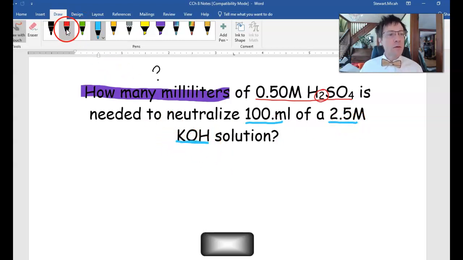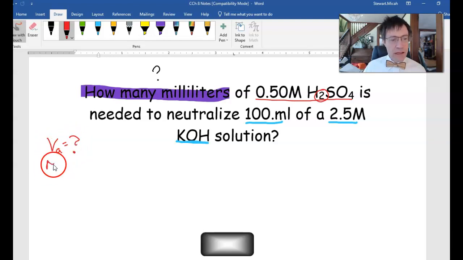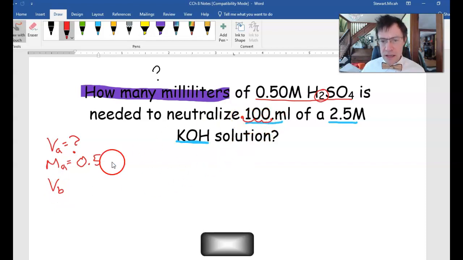All right, so let's see what we got here for variables. How many milliliters of my acid? So the volume of my acid equals my question mark. The molarity of my acid is 0.5. The volume of my base, 1, 2, 3, is going to be 0.1.